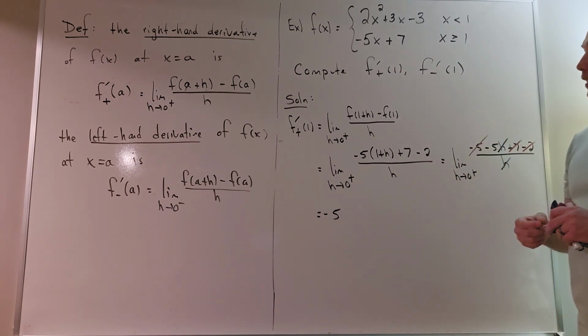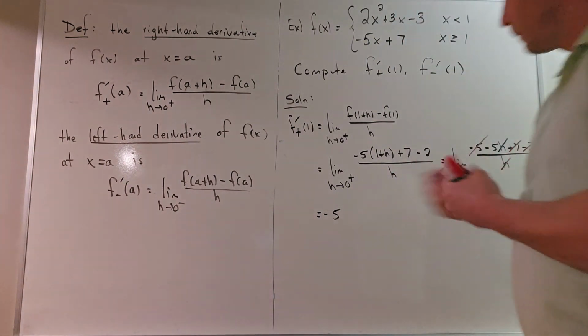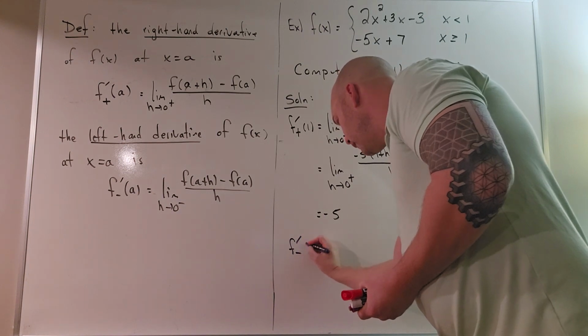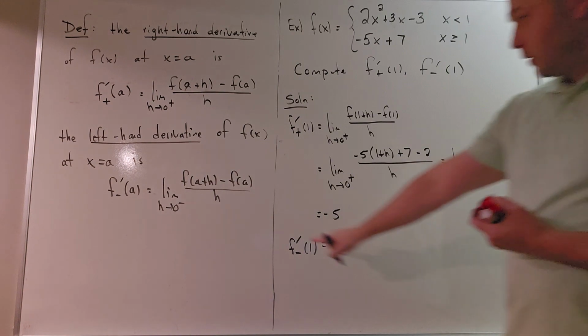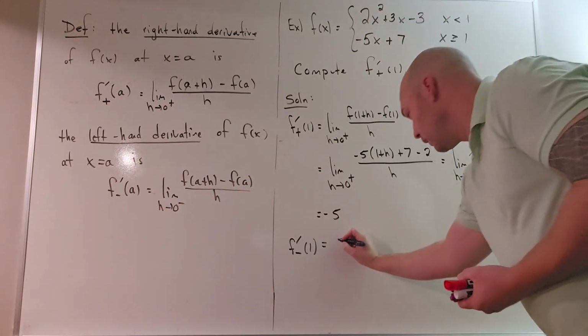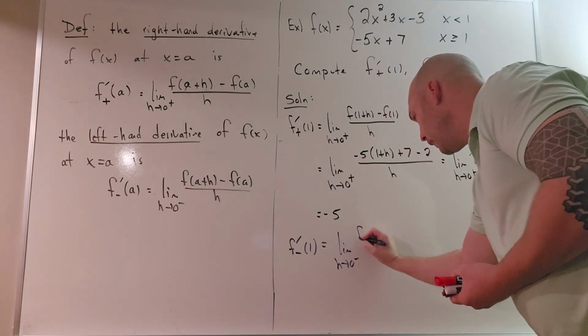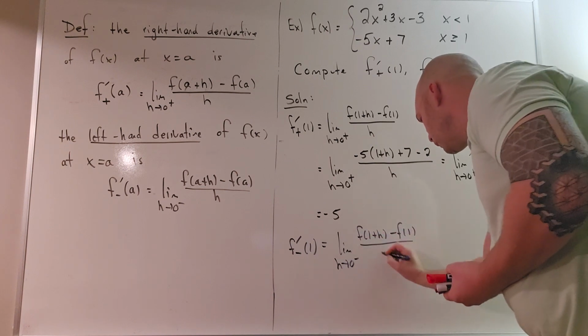All right, now let's look at the slope coming from the left. f prime from the left of 1. All right, so this would be a left-hand limit. This gives me the limit as h goes to 0 from the left of f of 1 plus h minus f of 1 all over h.